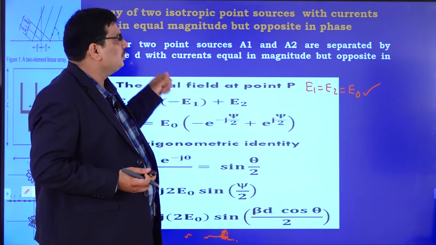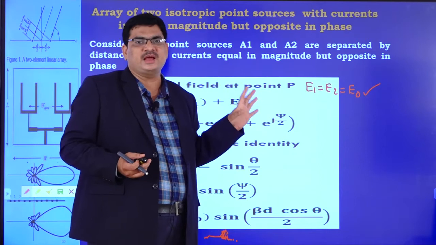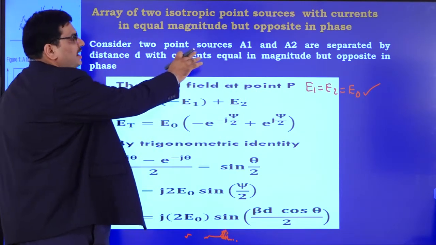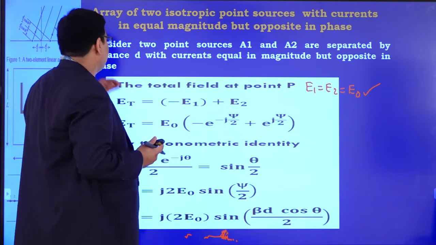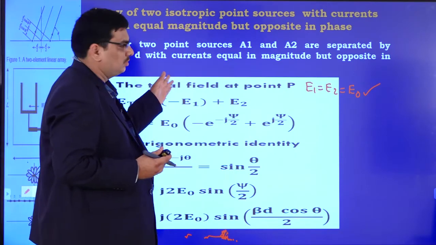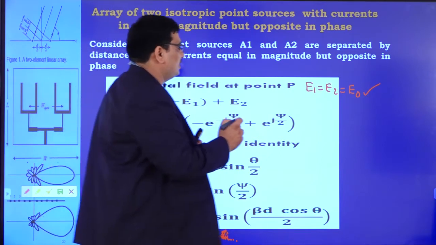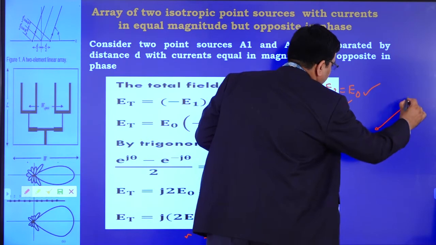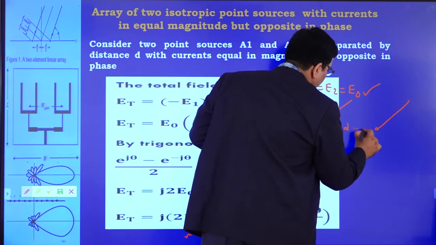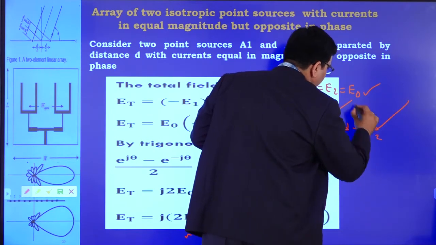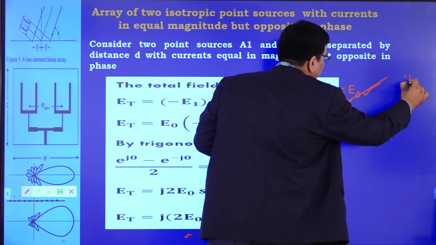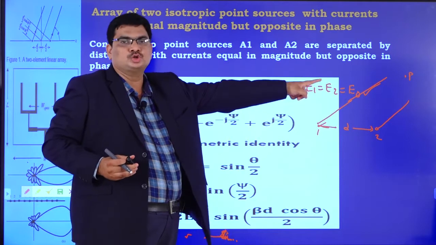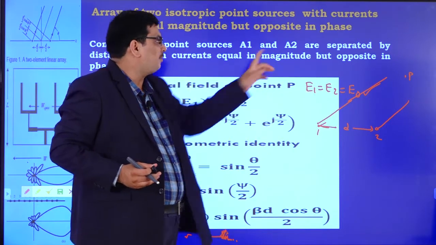That's why for one of the elements we are making the phase negative. Here we are considering 2 points A1 and A2, and they are separated by a distance d like the previous case. Both elements 1 and 2 are separated by a distance d, and having equal magnitude, that is E1 equal to E2 equal to E0, but opposite in phase.